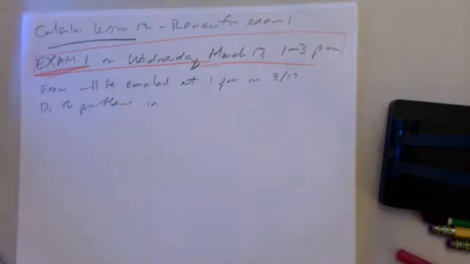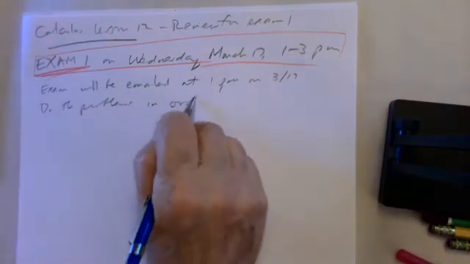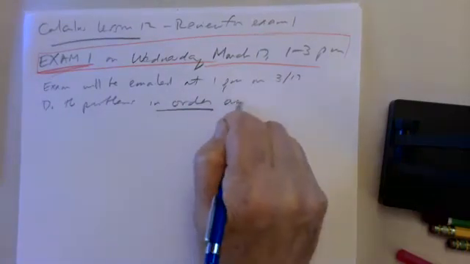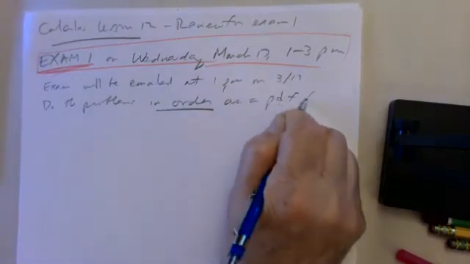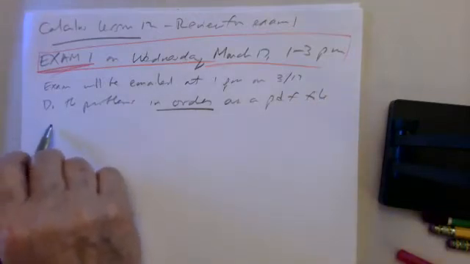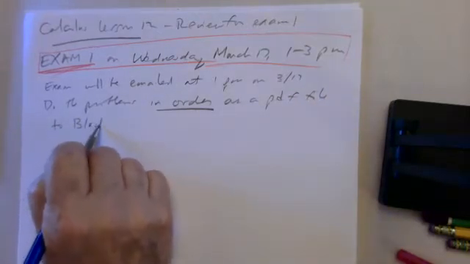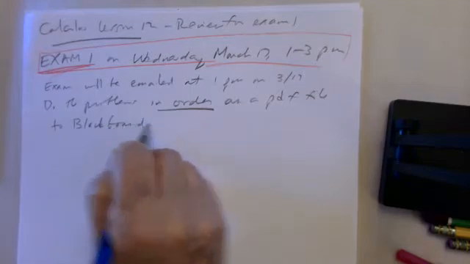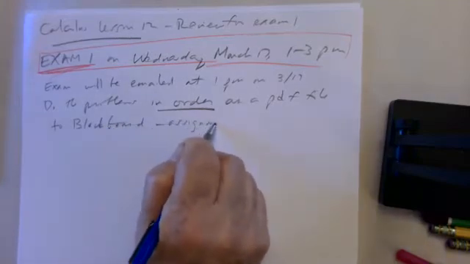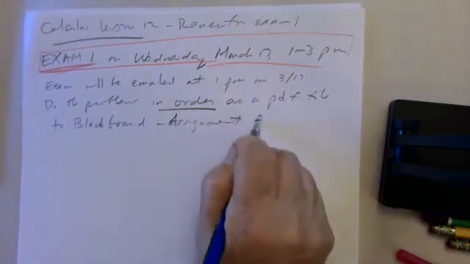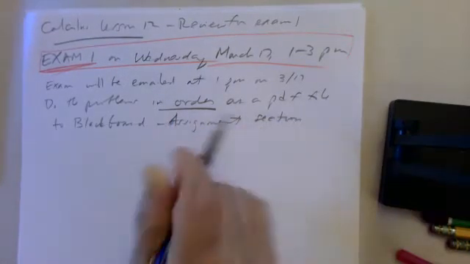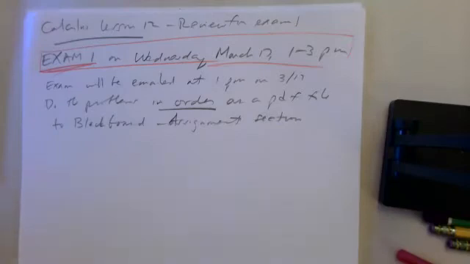Obviously, you can do them in any order you want, but when you collect your pages at the end, I want the problems submitted in order as a PDF file to the Blackboard assignment section, just like you do with the homework. You'll see a place that says exam 1, and that's where you submit your exam.